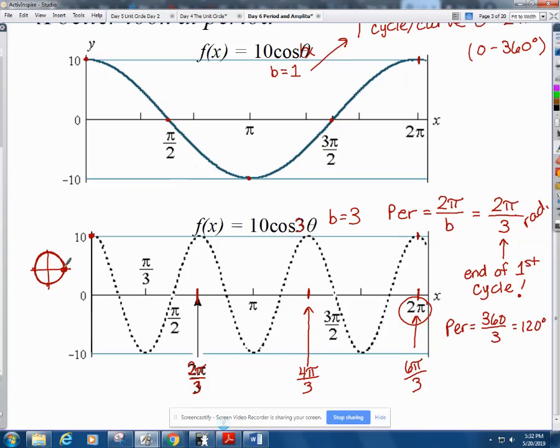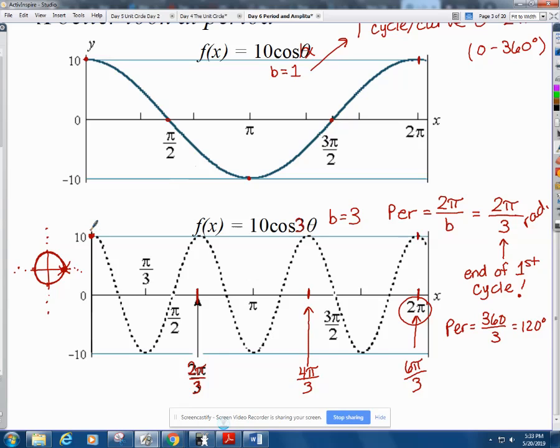So I need to split this into 12 sections from 0 to 2 pi. I don't know if that makes sense, but you start here, and then you go around the circle. So first point, second point, third point, fourth point. That's your one trip around the circle. 5, 6, 7, 8 would be your second time around, and then 9, 10, 11, 12. And that's 3 trips around the circle.